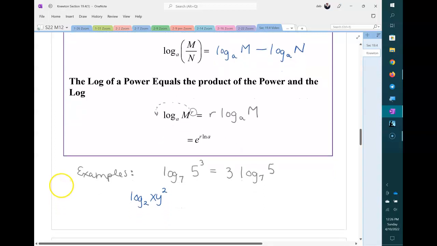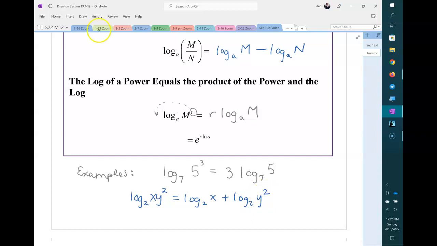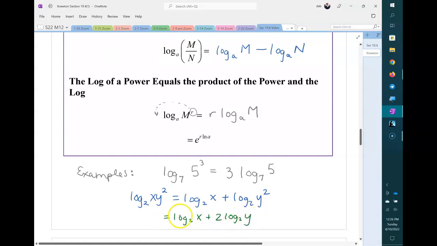So to expand this, we would first have to take care of the fact that there's a product and write it as the log base 2 of x plus the log base 2 of y squared. And now you could use this property with the power coming down in front, because the squared is acting on the entire argument. So make sure you're really clear on that property. It's probably the most commonly misused one.